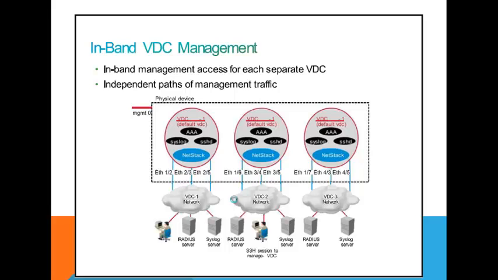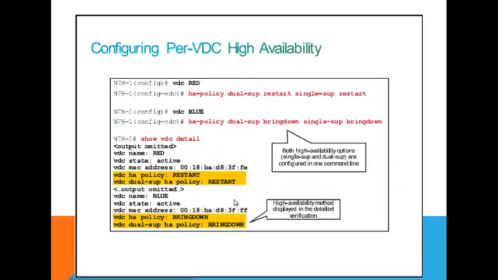Okay, so this is how it will look after configuration, and this is how we do the configuration. Here we say for the red VDC, the high availability policy is this: when I have a dual supervisor engine and something goes wrong with the operation process inside the red VDC, I'll restart.